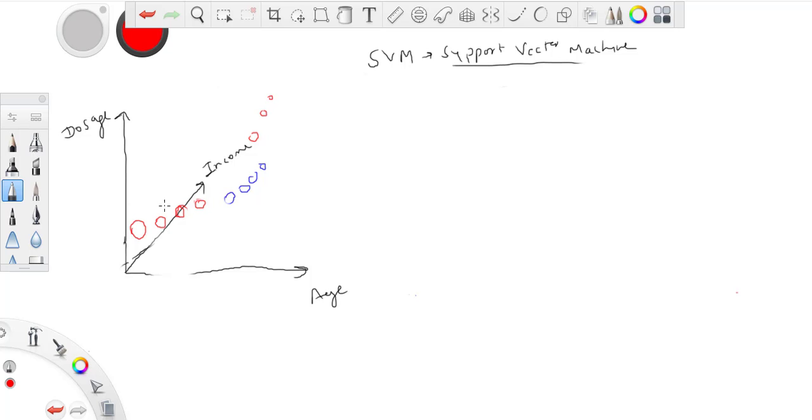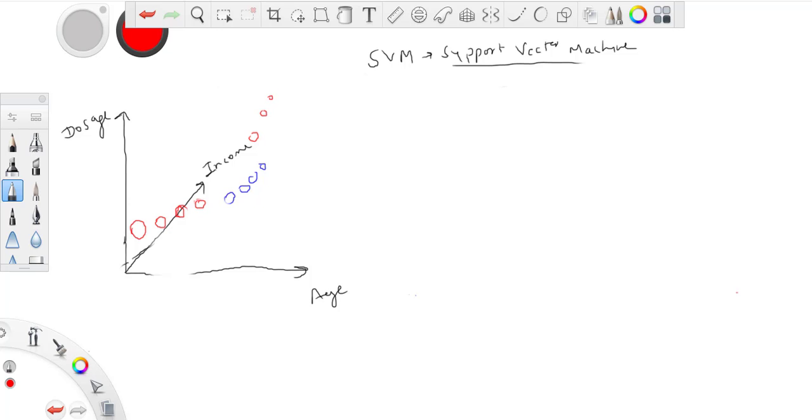Now let's say I have data like this where I have 3 dimensions instead of 2. So I have doses, age and income. So income is on this 3rd dimension. So in order to show it on 2D, I am showing it by size. So the lower the income, the higher the bubbles look. Okay. So in this case, we cannot divide it by a line because it's 3 dimensions.